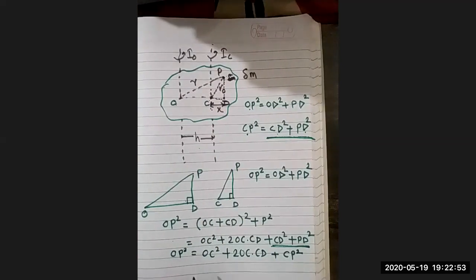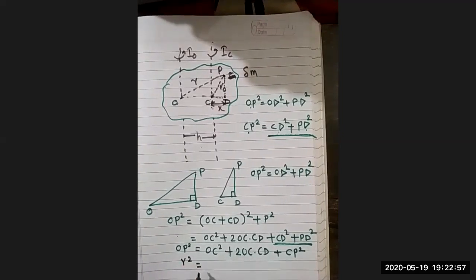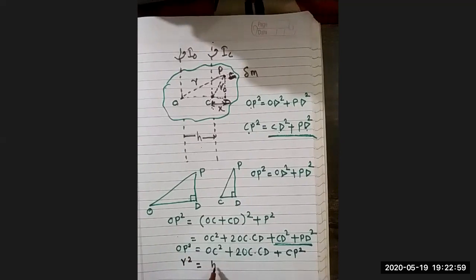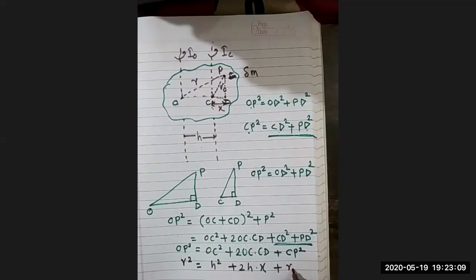What is OP? OP is R. So I'm going to write that term again, R square. What is OC? OC is nothing but H, its square. Plus twice of OC, which is H, into CD, which is X. Plus CP is R0, that is R0 square.